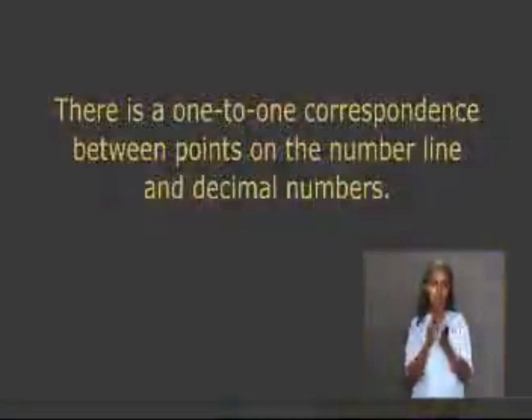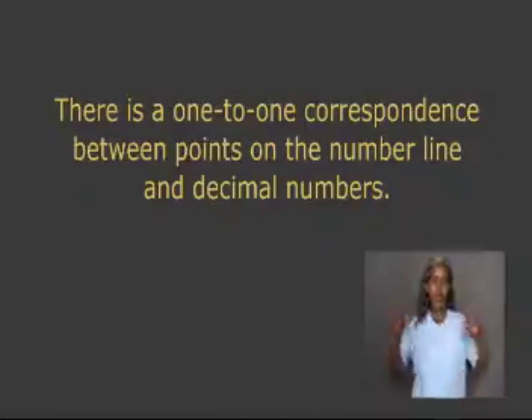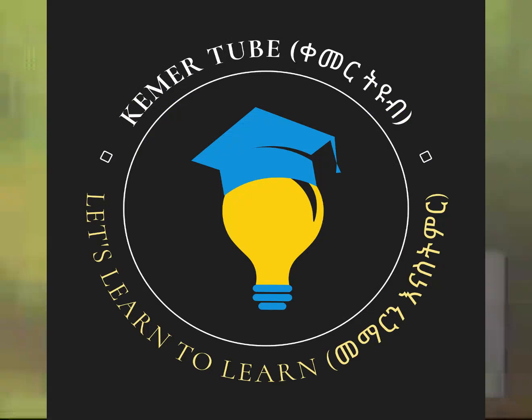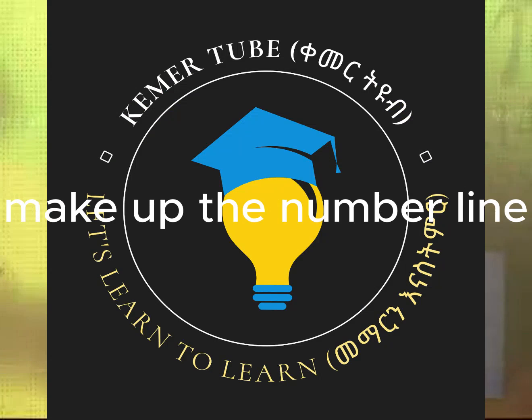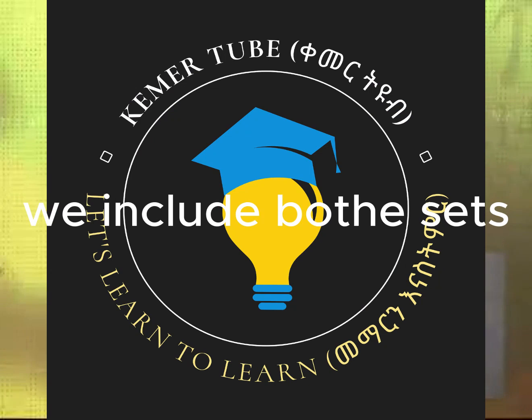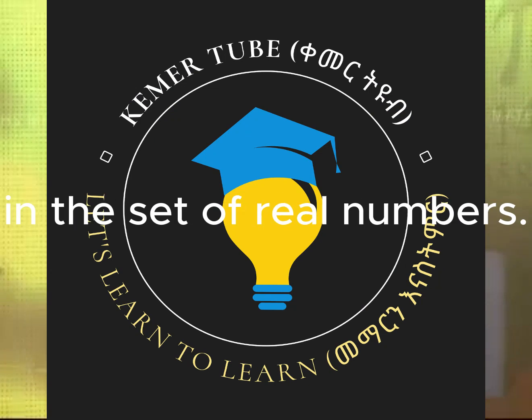This is often expressed by saying that there exists a one-to-one correspondence between points on the number line and decimal numbers. Since both rational and irrational numbers make up the number line, we include both sets in the set of real numbers.